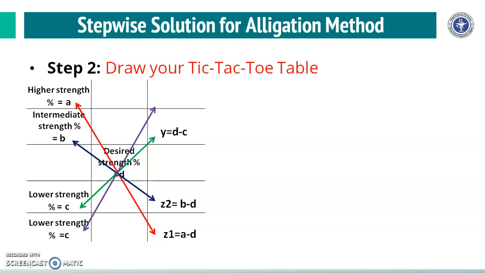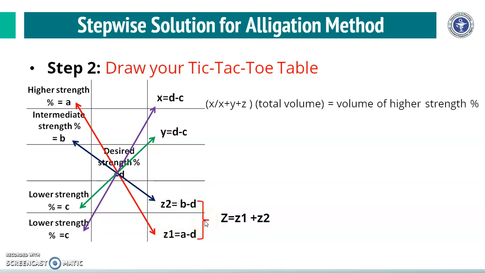Once again, the subtraction will give these values. So we have subtracted in all the quadrants. Now you can see here we have got 2 values for lower strength C which need to be added, and therefore Z1 plus Z2 should be added over here.